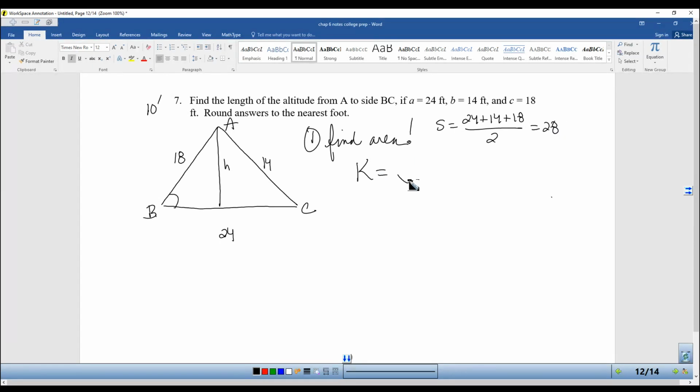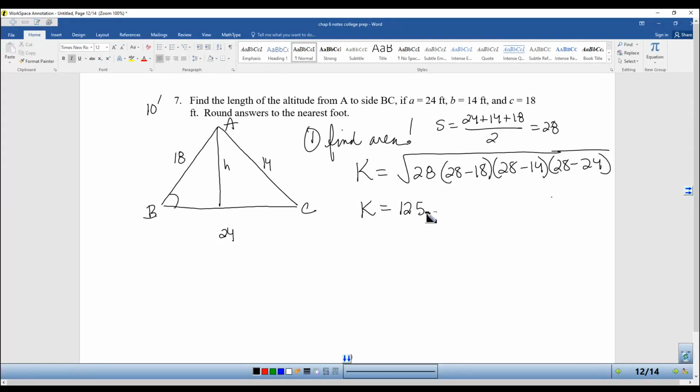And then the area will be 28 times 28 minus 18, 28 minus 14, and 28 minus 24. And that comes out to be 125.22. So how does that help us?